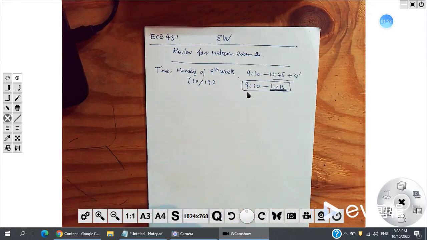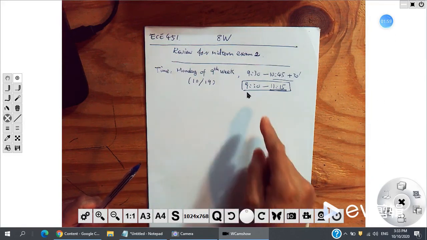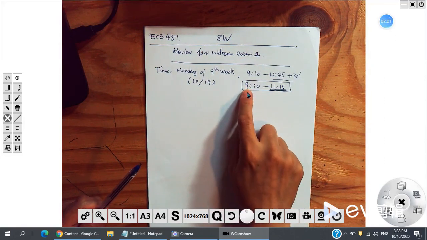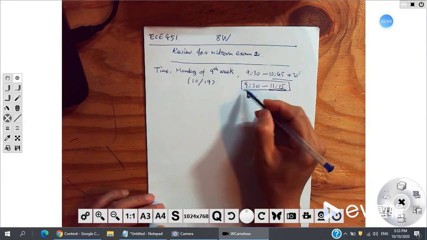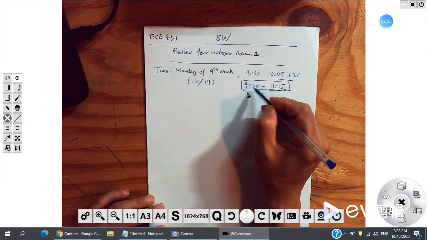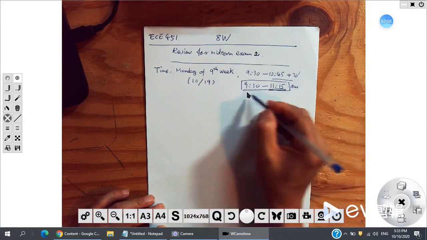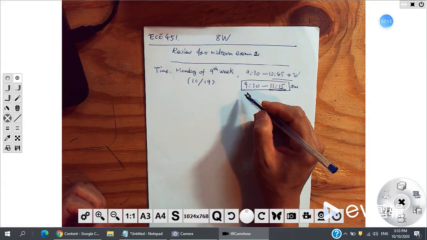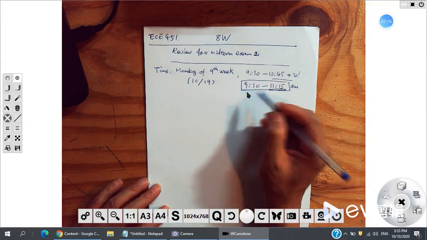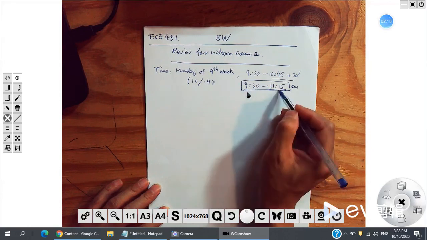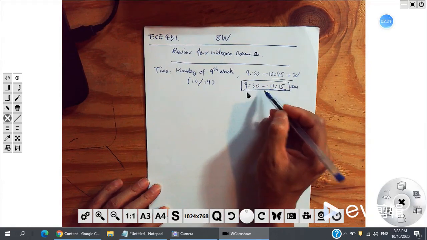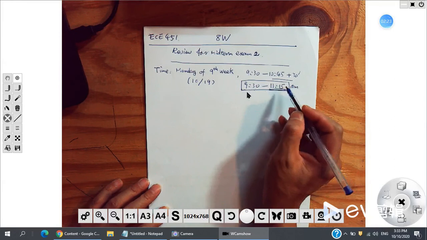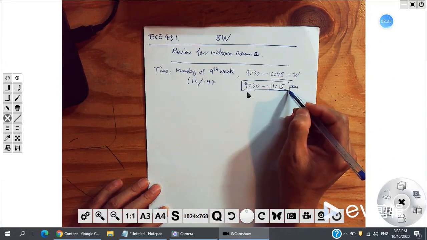So similar thing. You have a link. In that link, you can find the problem at 9:30 on that Monday morning. I will set up a link in the assignment, same place as homeworks, and there will be a midterm exam. Then you can get the problem there, and when you're done, you can upload your answer to the Blackboard.